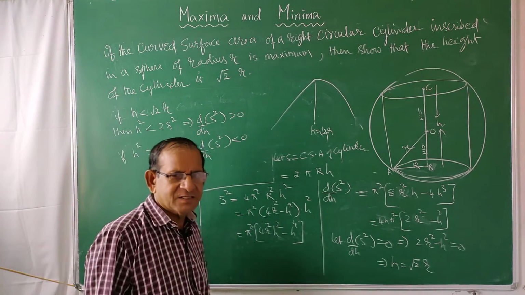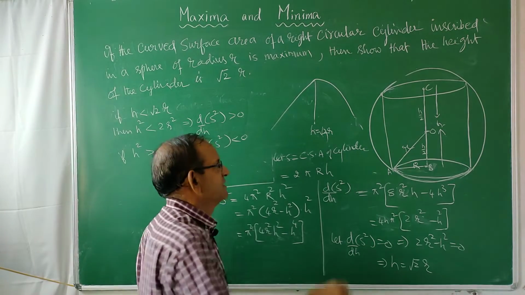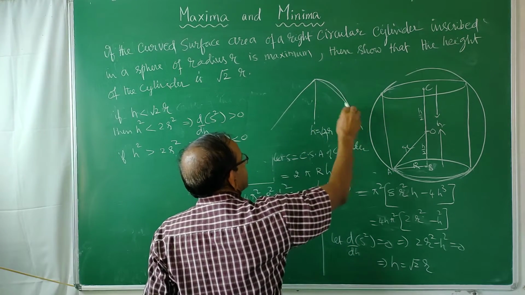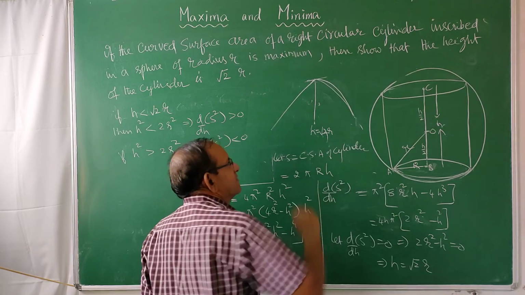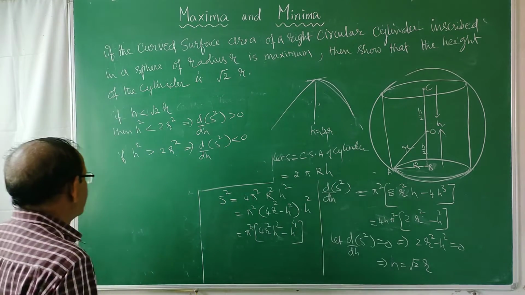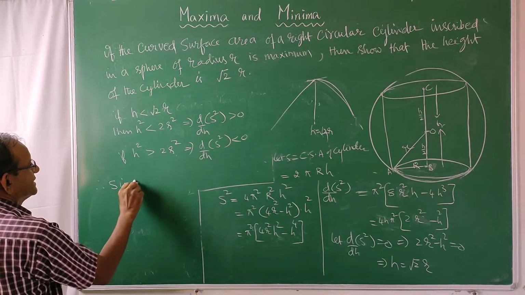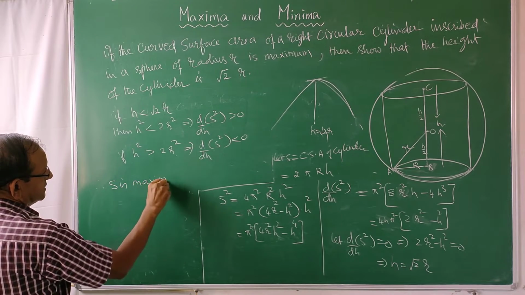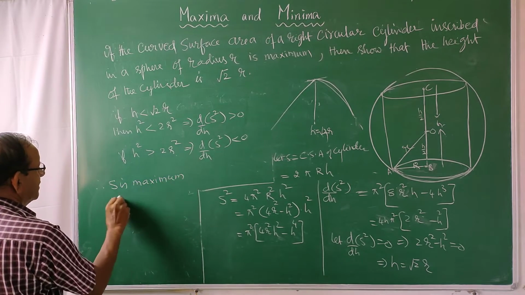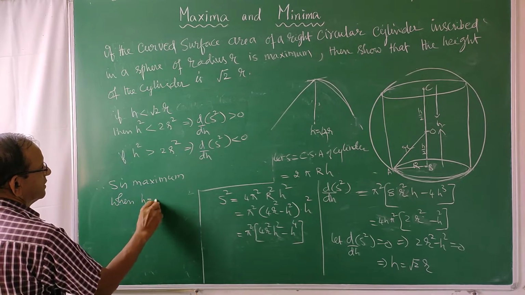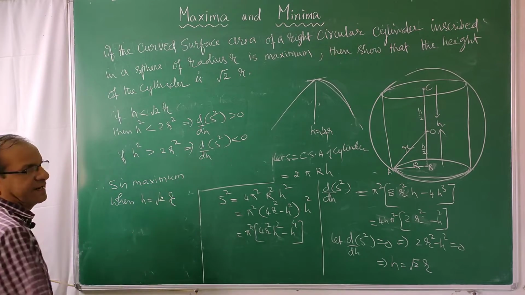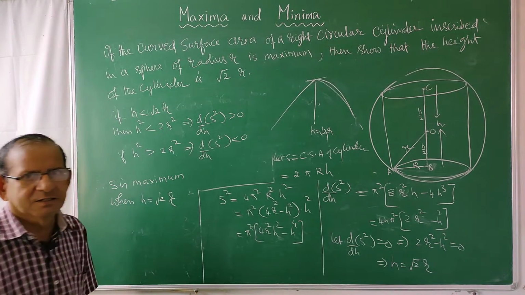If a first derivative is negative, the function is decreasing. That means the surface area is decreasing. So at that place we have got maximum value. Therefore s is maximum when h is equal to root 2 times the radius of the sphere. That's all.